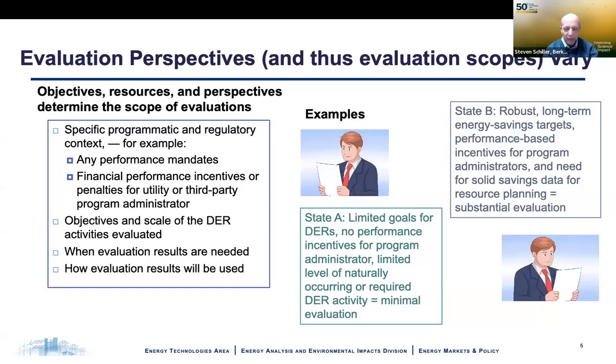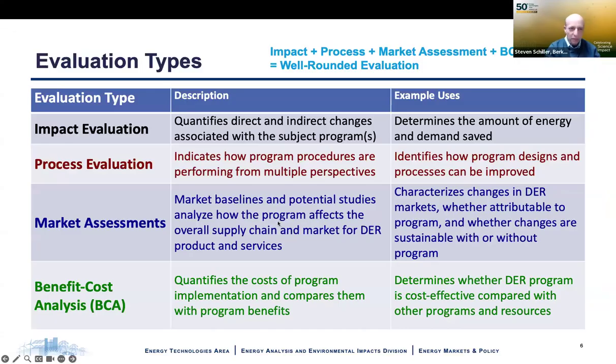They don't really have big expectations for their DER activity. In that case, maybe you just need minimal evaluation. Whereas state B has long-term savings targets. They've got incentives for those involved in the administration. And there's a need for solid savings data because they're looking to resource planning. Thus, you might have a substantial evaluation. One size does not fit all. You have to look at things, and we're going to talk a little bit about that.